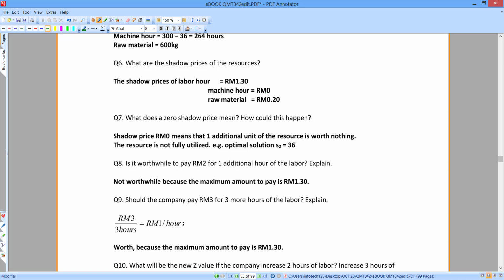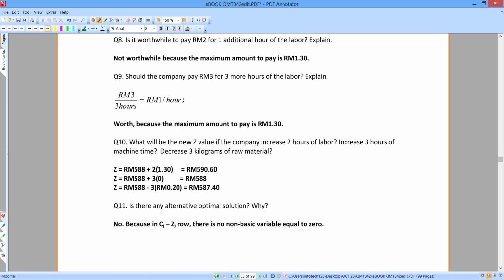Yeah, machine hour is 0, the shadow price. But the question asks us to increase 3 hours of machine time. So okay lah, we increase 3 hours, but the shadow price is 0. So nothing happen with the value of profit here. But for the next value, we decrease 3 kilo of raw material. So minus lah, dia punya sign here, minus 3 multiply with the shadow price of raw material, we will get the answer.